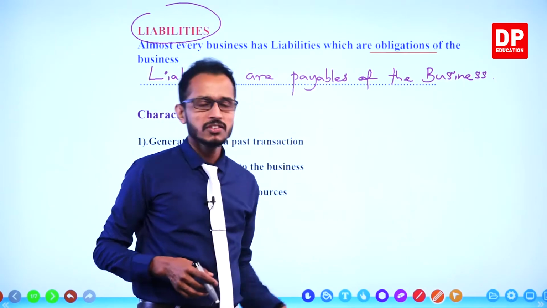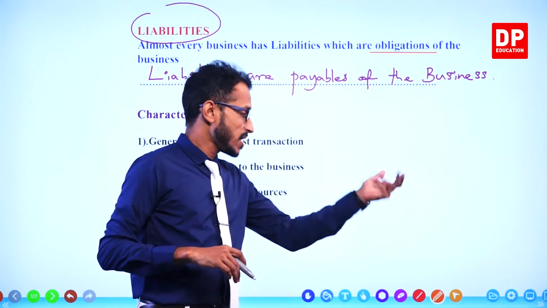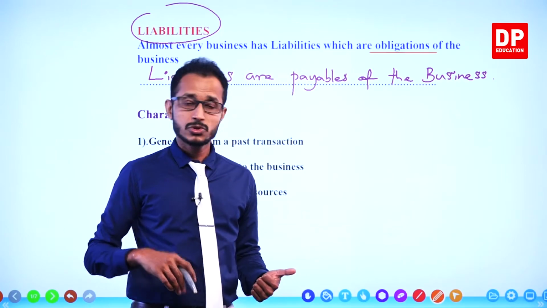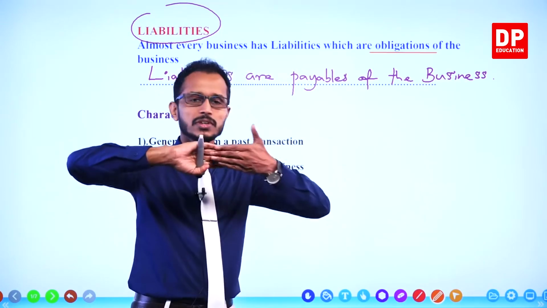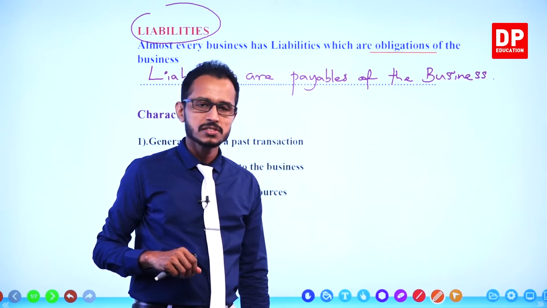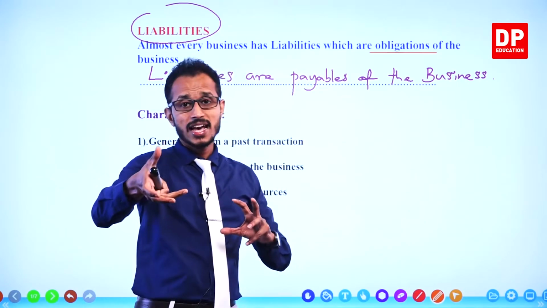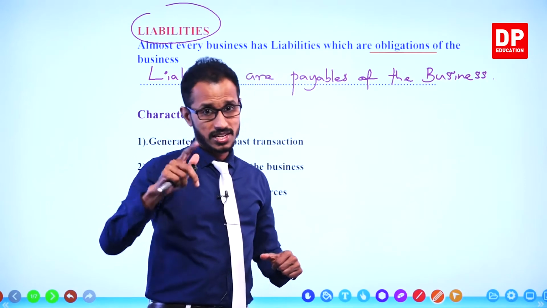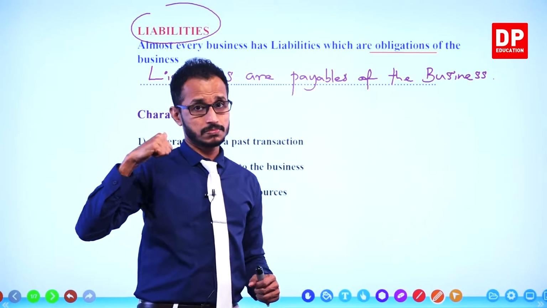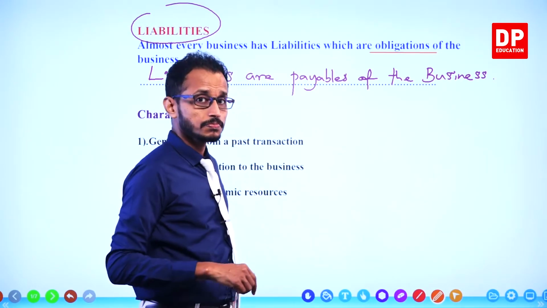You have borrowed money from somebody, you have borrowed money from a bank, a loan, you have purchased goods on credit, you have not paid. So you have to pay. Bound to pay. Payables of a business. These liabilities are generated as a result of a past transaction. A past transaction has generated these liabilities in the business.